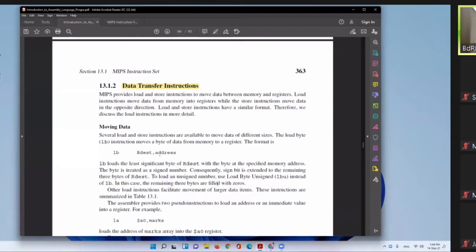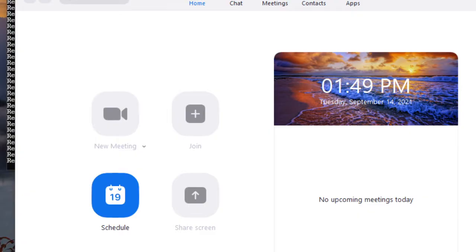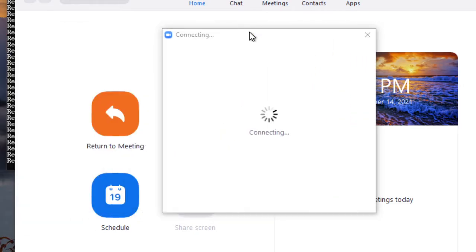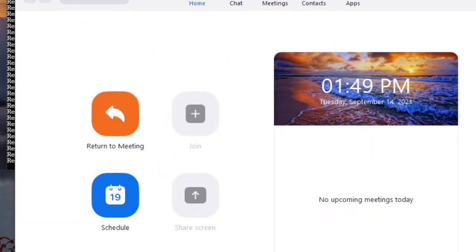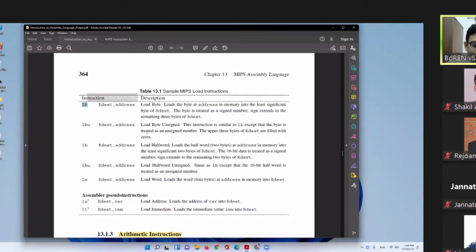So we have only one topic left. Anyway, let us continue and finish it. We are going to use only one instruction to move or load the data. For example, LB, we use LB whenever we try to load a byte.